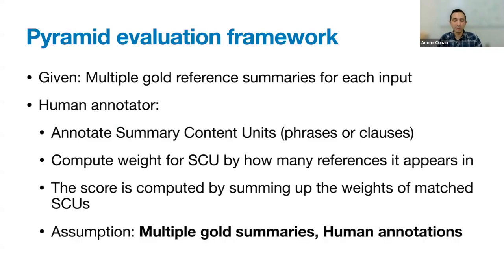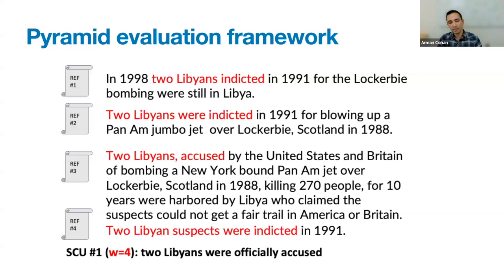The assumption is that if multiple annotators find some summary content unit in multiple of these gold summaries, that should be important. Here's an example from the DUC dataset. You can see that human annotators have identified this summary content unit in red, like 2 Libyans indicted.